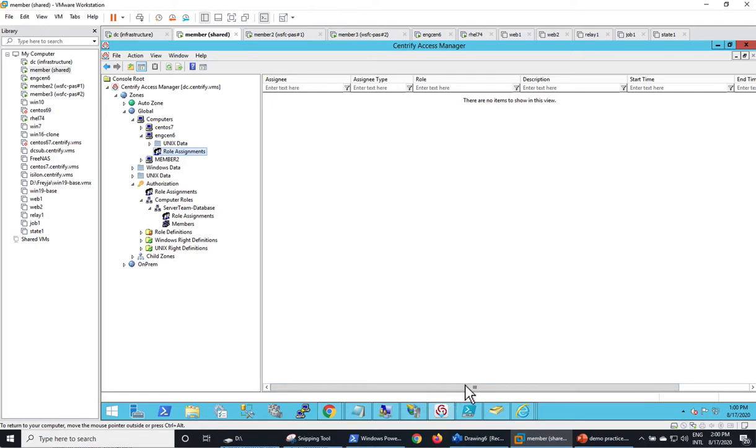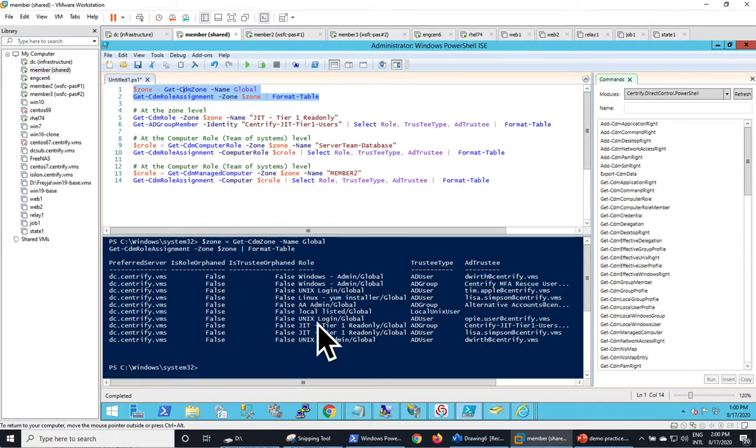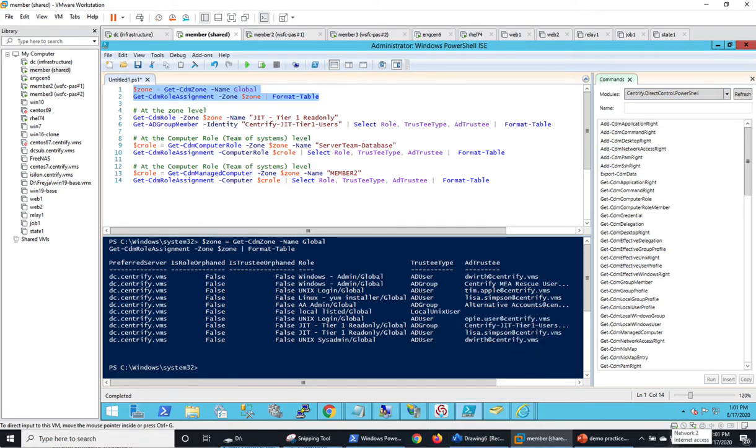So that being said, you need to get the role assignment. For example, in here, if I want to see the role assignments at the zone level, I can just look at them and notice these are all the roles that I have assigned, including the type of trustee and the actual trustees.